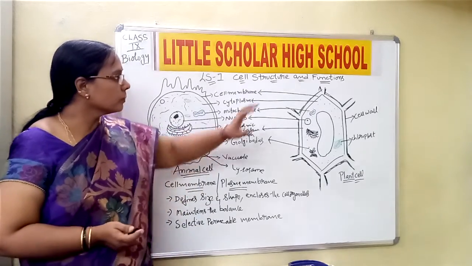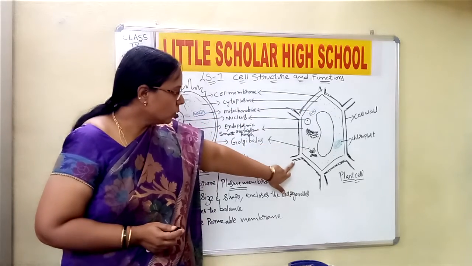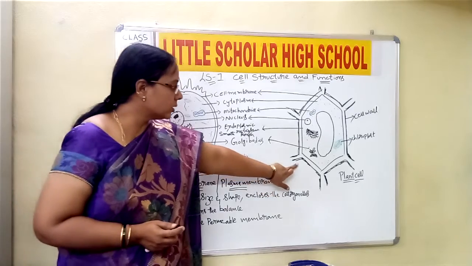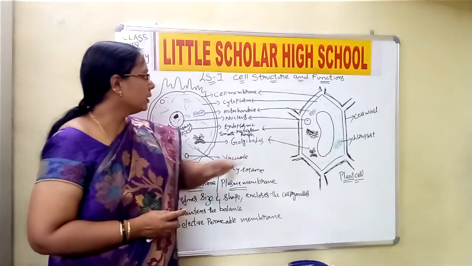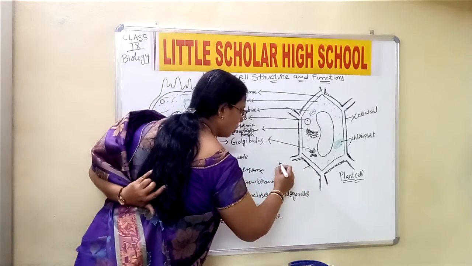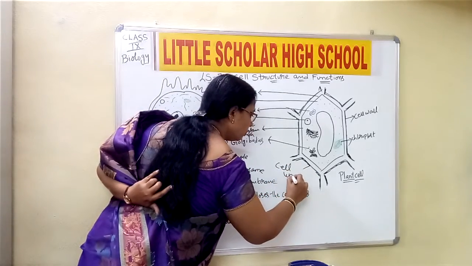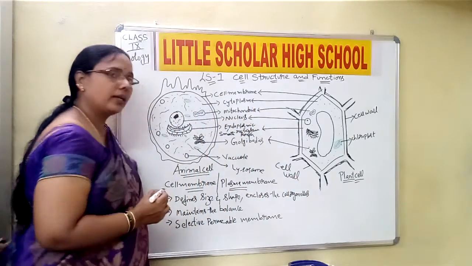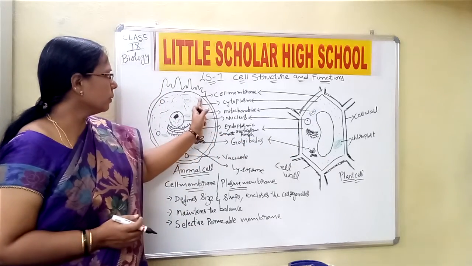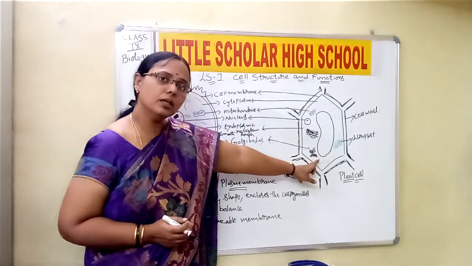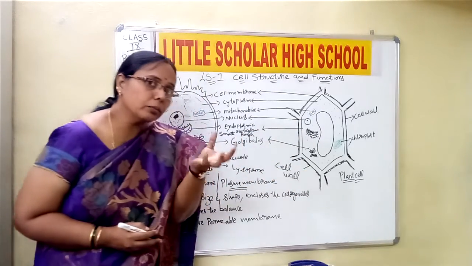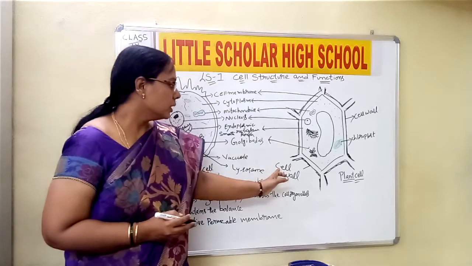The difference is, in the plant cell you have one more extra outer layer, and that is called as cell wall, which is absent in animal cell. Okay, cell membrane is the same, children. Cell membrane is the same for both animal cell and the plant cell, but in plant we have one more extra thick layer, and that is called as cell wall.